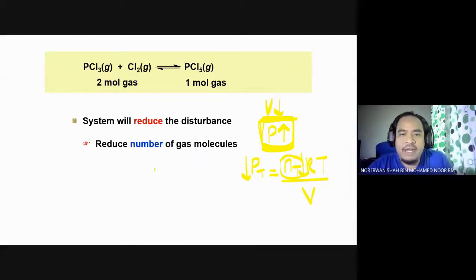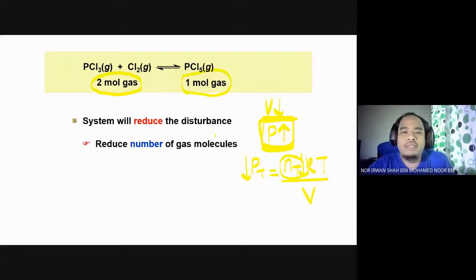From the previous slide, we know that on the left side of this equation there are 2 moles of gas, and on the right side, the product side, there is only 1 mole of gas.